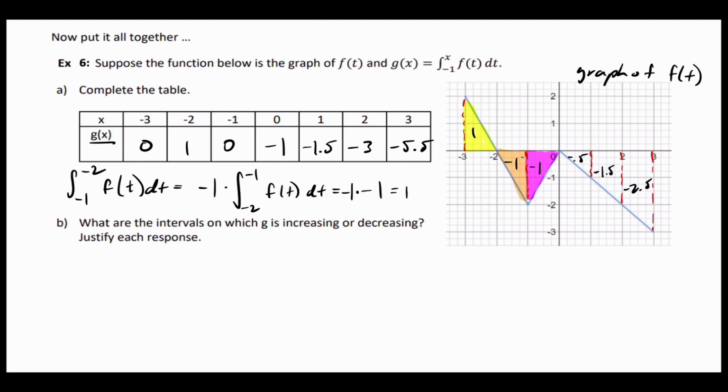One of the questions they're going to ask you is, what is the absolute maximum and minimum for G? From this interval. So this interval is -3 to +3. For the interval -3 to +3, where would the absolute maximum be for G? Or minimum?